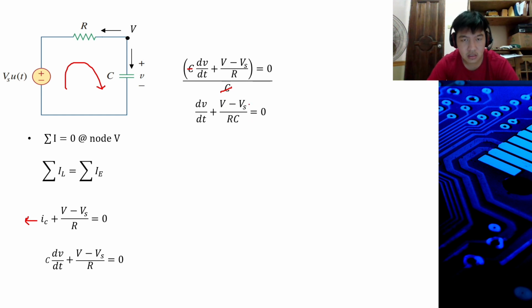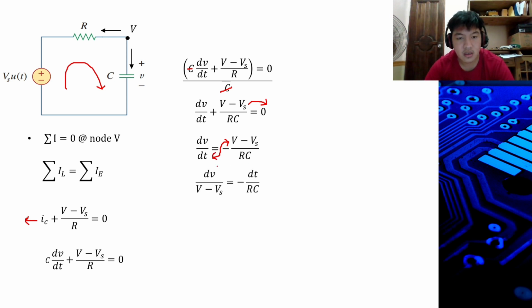Transposing, dV over dt equals negative V minus Vs over RC. Cross multiplying, we get dV over V minus Vs equals negative dt over RC.